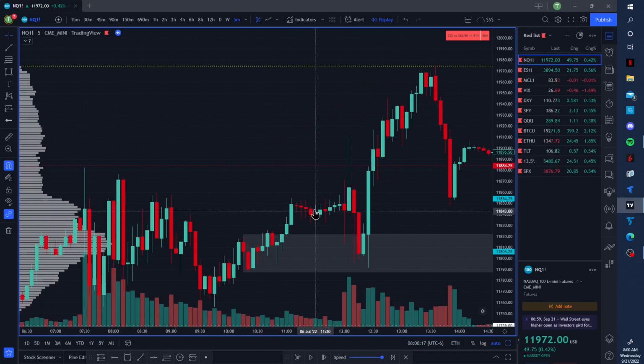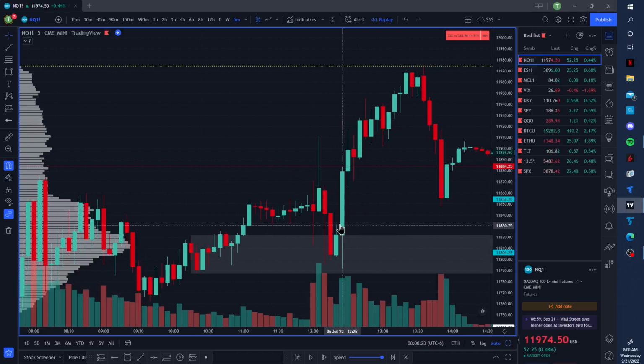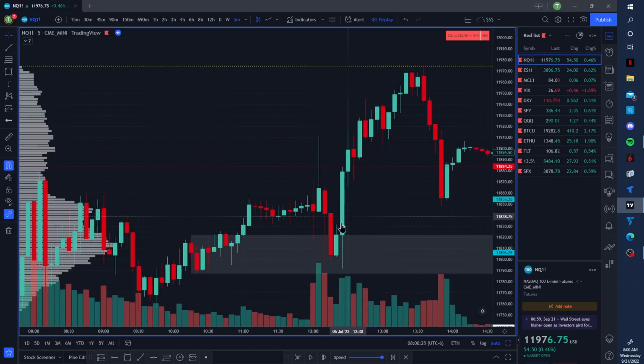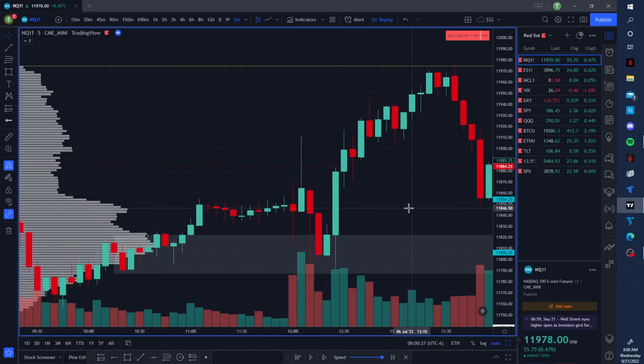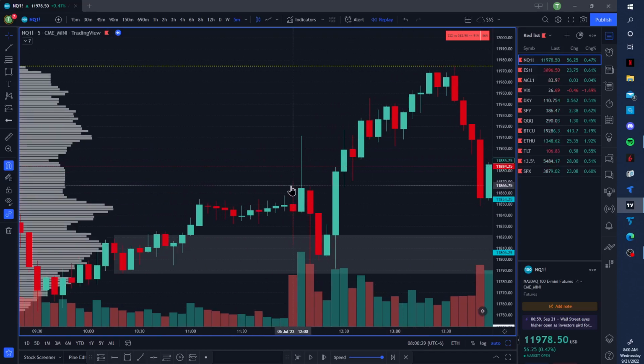The next thing I do is do not trade the reaction right when the data comes out. I know it's really hard not to because price just starts flinging up and down. But look at these first 3 5-minute candles after the data on July 6th. You get kind of like a doji, a big shooting star, and a big hammer.